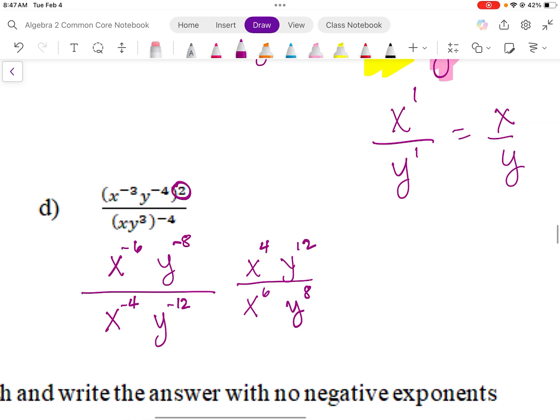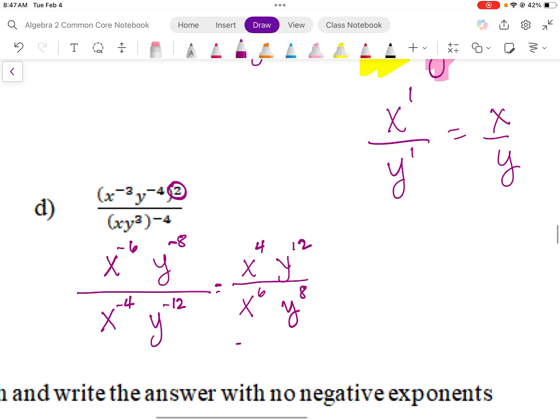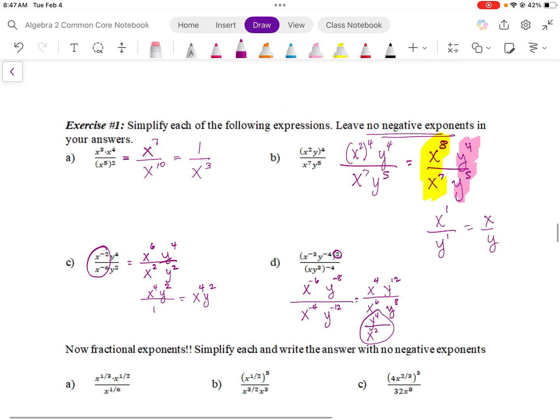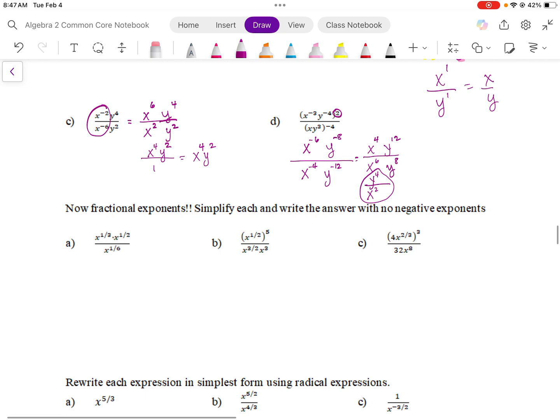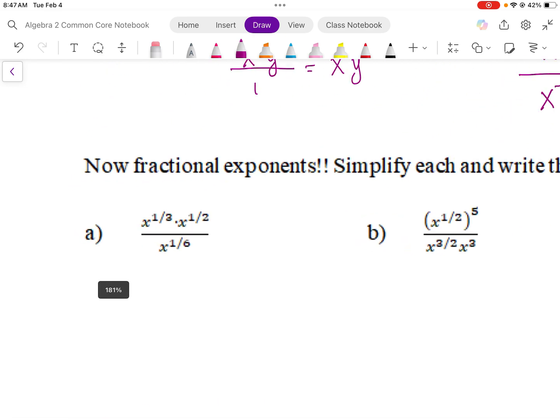And then I would do my subtracting, so I get x squared on the bottom and y to the 4th on the top. Okay? But there are lots of ways you can do those things, but no matter how you do it, you should get the same answer. We should all get the same answers.